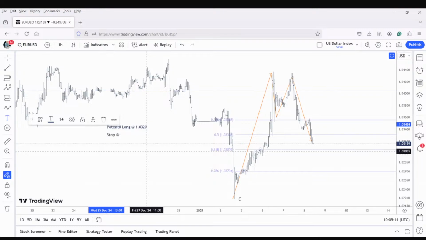The stop loss goes towards 1.0200. I can actually mention the previous price entries which we have taken, 1.0350 and 1.0370. These are all levels which we entered on the long side.